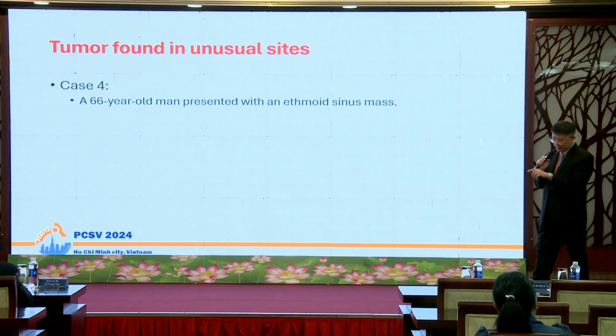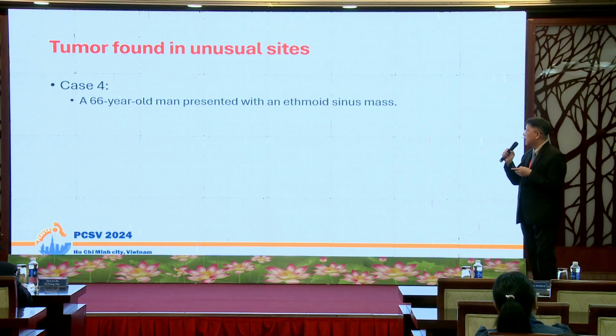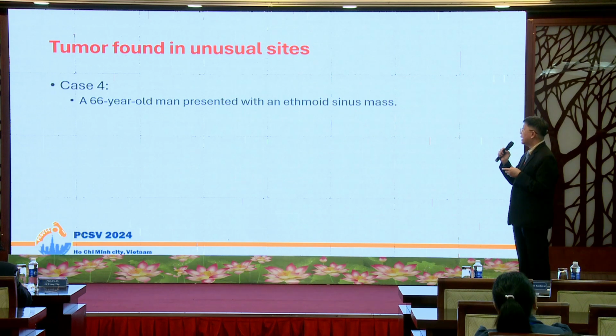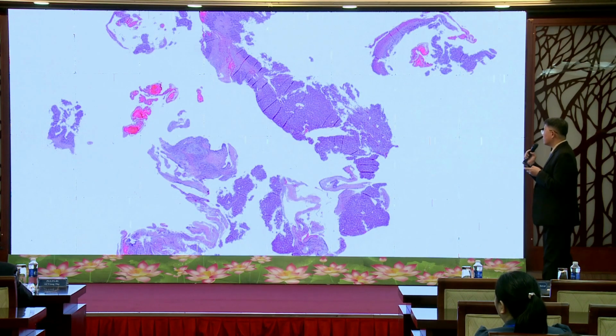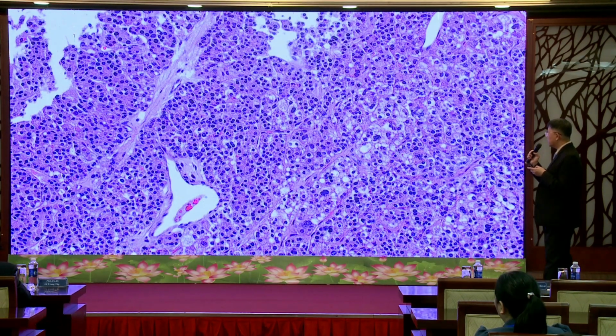Now we go to case number 4. This is still a tumor found in an unusual location. A 66-year-old man presented with an ethmoid sinus mass. So this is the morphology of this case. When you look closely, it is an unusual morphology.